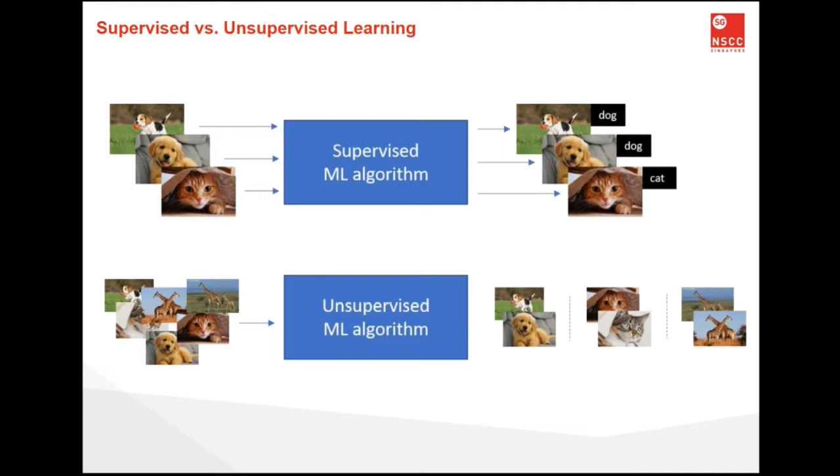Unlike supervised learning, in the case of unsupervised learning, we will not provide any supervision to the model. That means no label is provided. We will just provide the input images to the model and allow the model to find the patterns from the data.